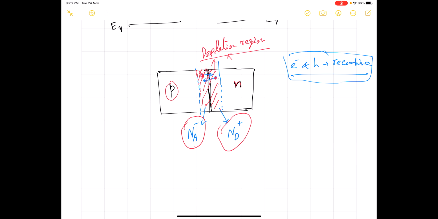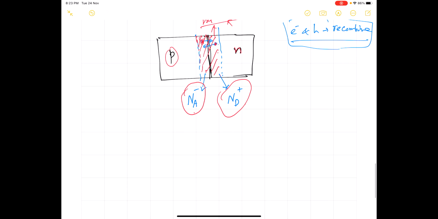As you see, once these charged particles remain, you have a positive charge here. So again I should plot it.